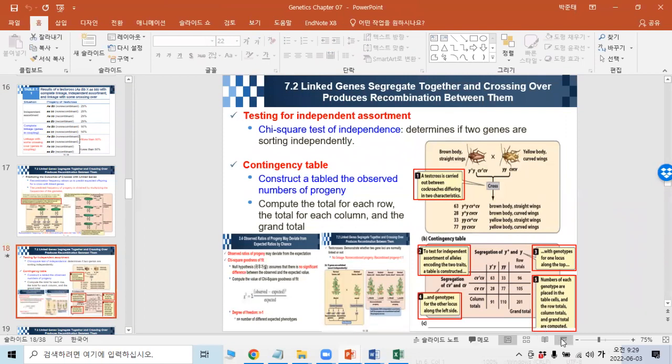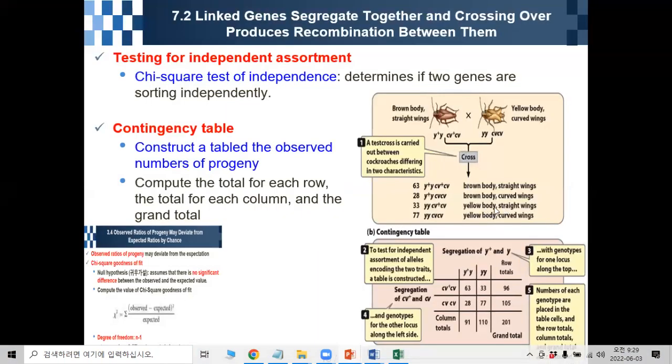The important thing is that, based on these numbers, we have to make a contingency table. So construct the table. In this case, the y plus y, we can segregate it. So y plus and y, and the other only has the small y. So one case will be y plus y, the other case is y plus y like this.